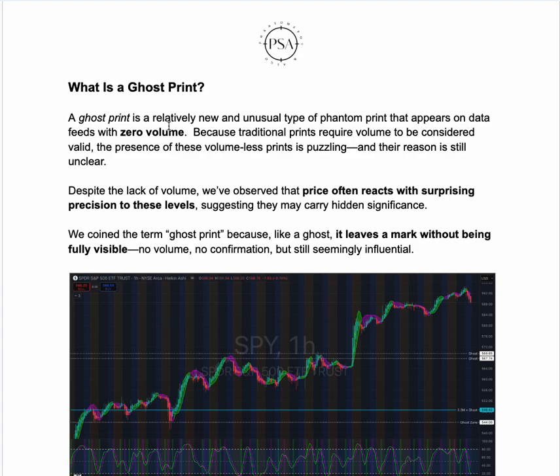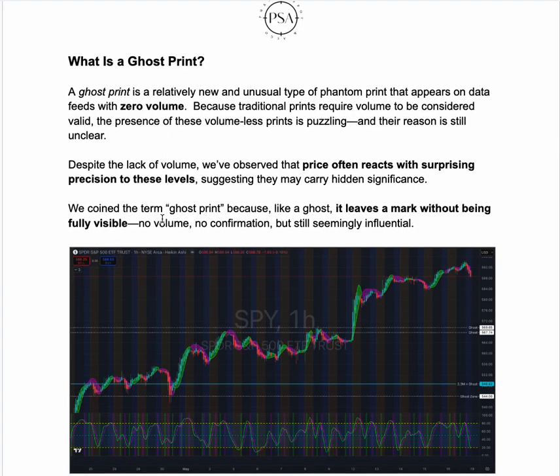It's puzzling because how did that transaction happen if there's 0 volume, but it's still being reported to the tape? Your first thought is to ditch it and not track it, but we've been tracking it because it was reported. There's got to be something to it, and we've seen that price reacts to these levels.